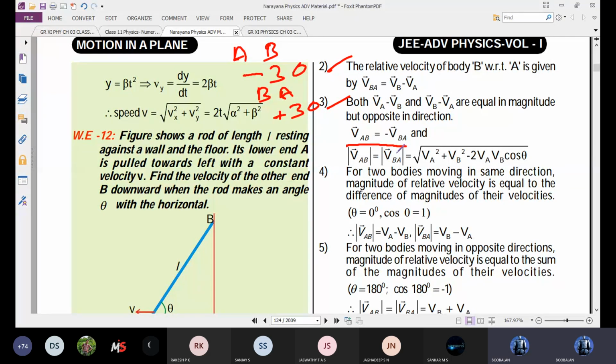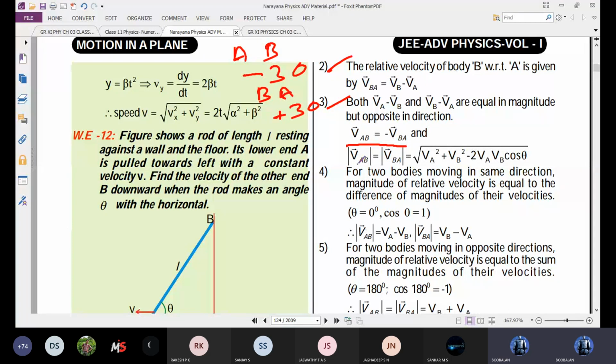This resultant formula you know very well: V equals the root of VA squared plus VB squared minus 2 VA VB cos theta, like A squared plus B squared minus 2AB cos theta. The same formula is applicable here also for finding the magnitude: modulus of V vector AB equals modulus of V vector BA. Why are we using modulus? The purpose is finding the magnitude.